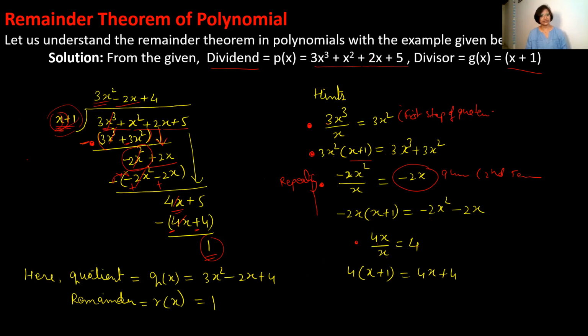So here the degree is 1, the divisor's degree is 1, and here the degree is 0, right? So that means you have to divide till you get a remainder whose degree is lesser than the degree of the divisor. So here the quotient equals 3x square minus 2x plus 4, and the remainder is 1. So this is the long division method to solve polynomial division.